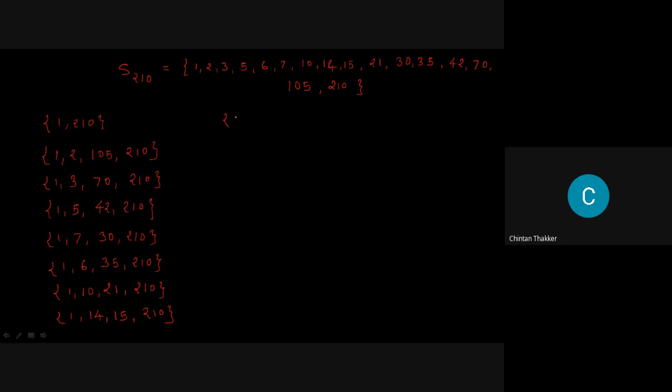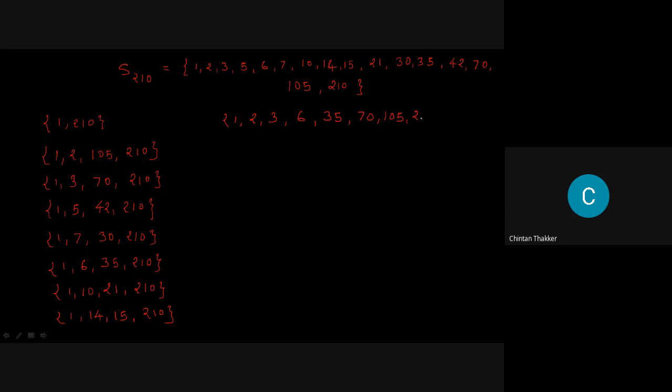So 1, then 2, 3, then LCM of 2 and 3, 6. Now we divide 210 by 6, so we have 35. Then if we divide by 3, we have 70. We divide by 2, 105.